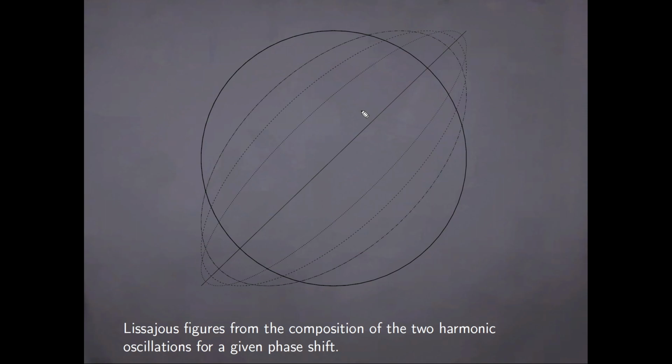And the simplest of them are classified as follows. If these two oscillations are in phase, then the particle oscillates along a straight line. If they are out of phase by 90 degrees, the particle will move on a circle, and for any phase shift in between, the particle will be found on some ellipse between these two extremes.